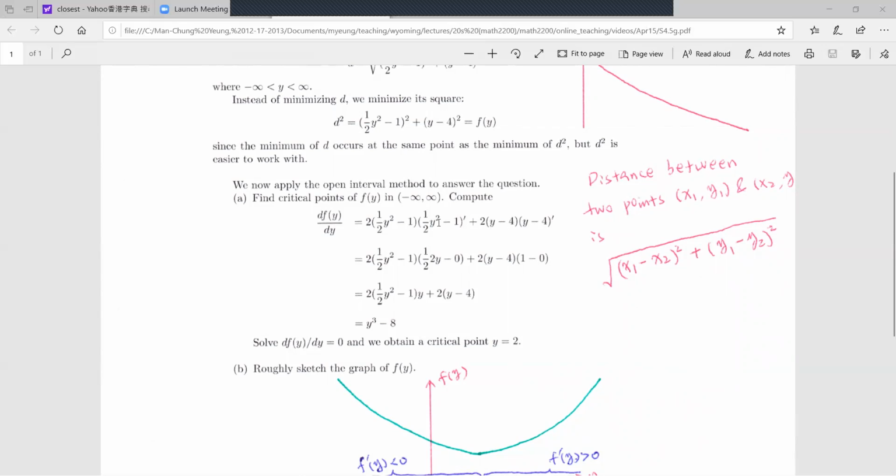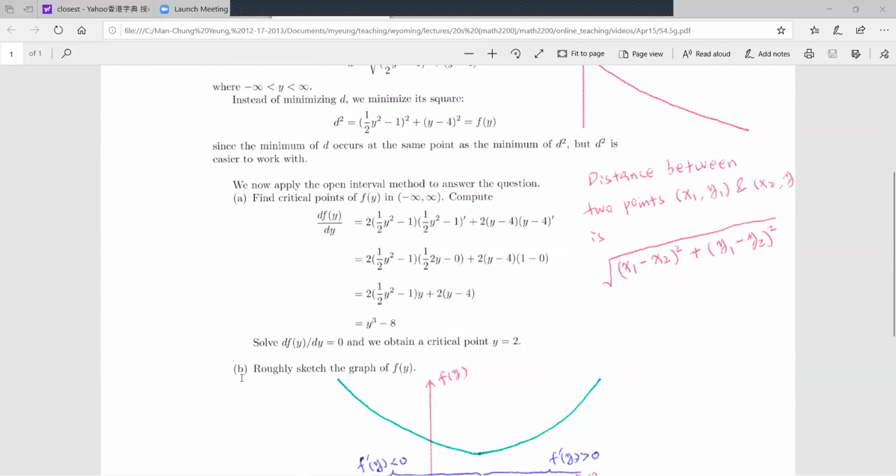One half times y squared minus 1, take the derivative with respect to y, then I get this. Similarly, y minus 4, its derivative with respect to y is 1 minus 0. Now, simplify this expression, then we get this. Now for critical points, set the derivative to 0 and solve the equation for y. Then we get 1 critical point. It is 2.